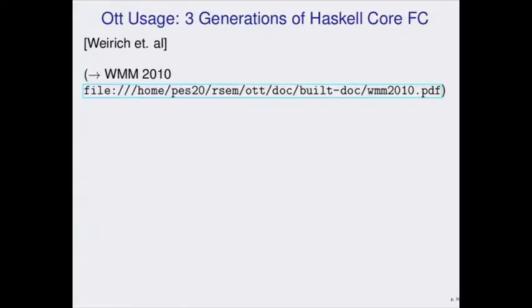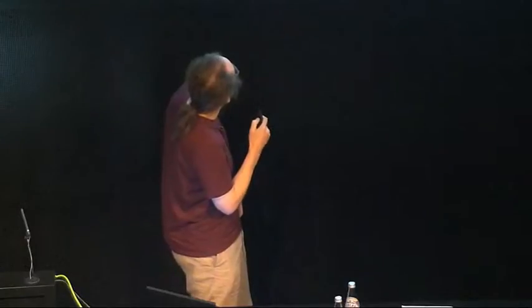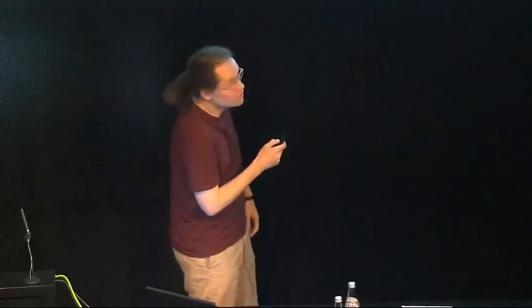Third usage. Is this used by practicing semanticists designing new things? Well, so Stephanie Weirich and her colleagues, including Simon, although Simon is safely upstairs at the moment. I'm not sure Simon liked this part, but Stephanie made him. Used Ott to design 3 generations of the Haskell core lambda calculus.